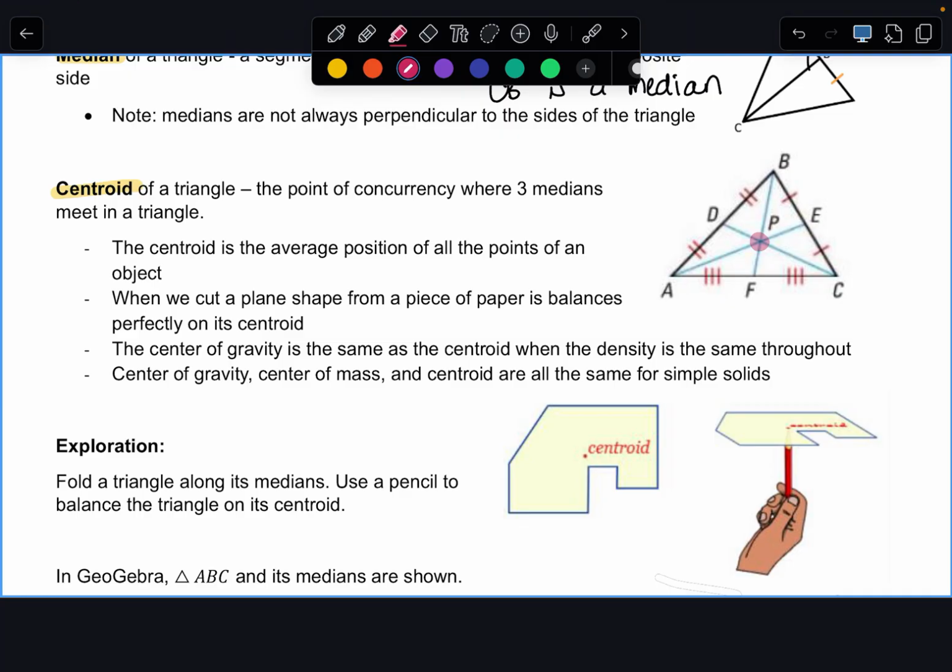I'm going to give you and the people around you different types of triangles.